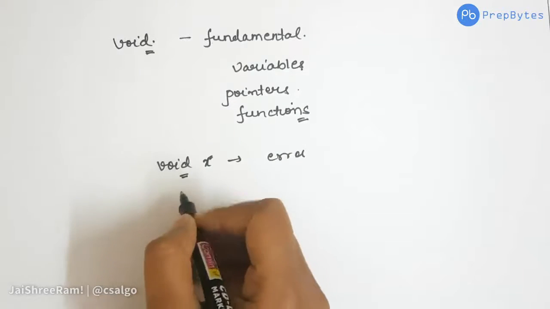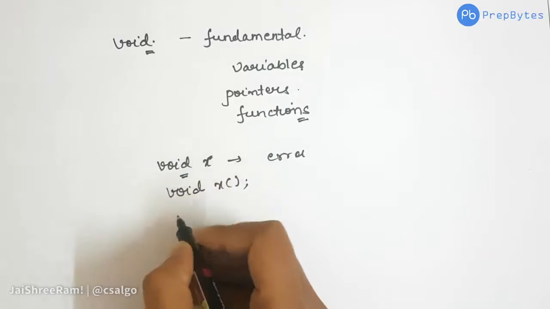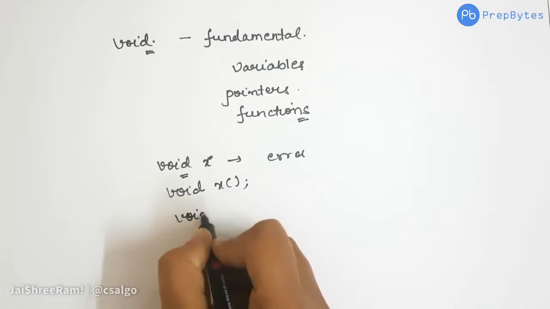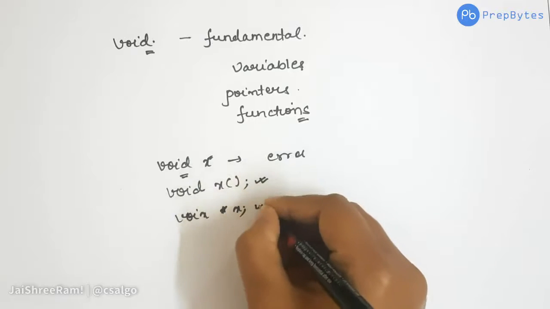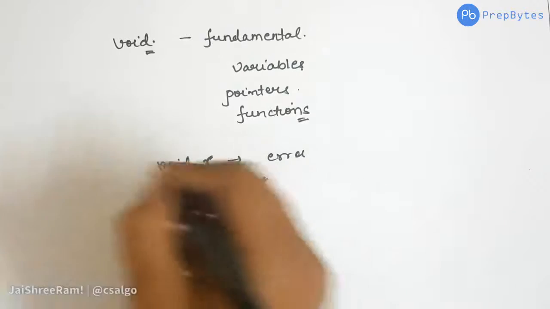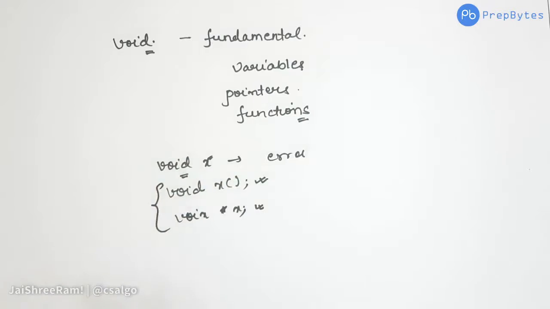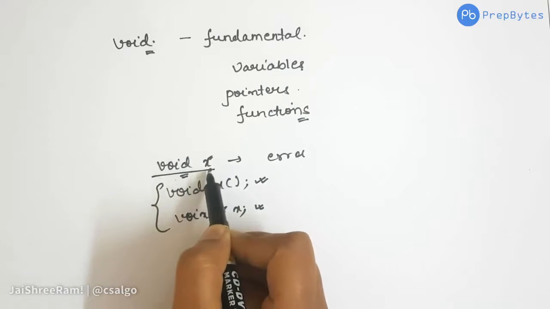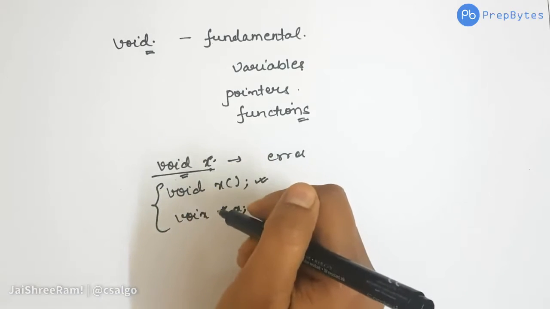But we can use it with a function or with a pointer. We will discuss functions and pointers in much greater detail, and then we will see the role of void in both cases. As of now, just know that void is not applicable for variables. So that was all about data types.